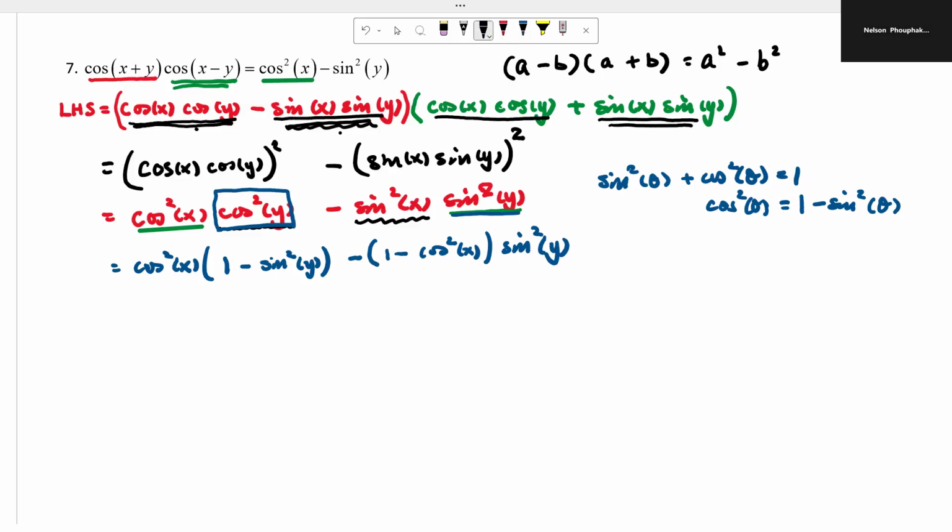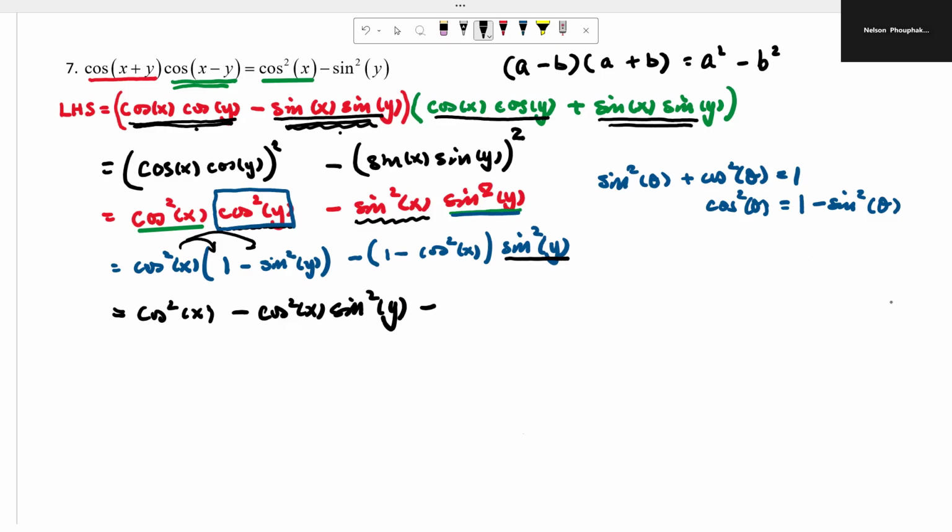Then now I would like to distribute. So I will have cosine squared x minus cosine squared x sine squared y. Okay, same thing here.